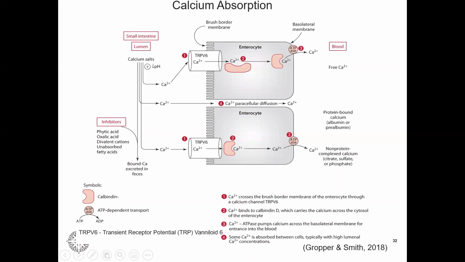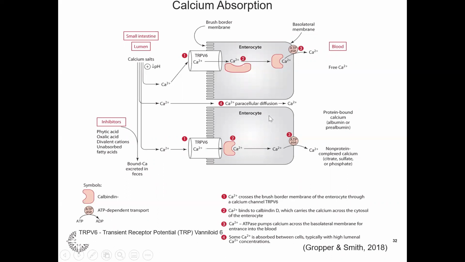Sorry. Now, there is another mechanism. When we are taking supplements and the body needs some more, calcium can simply diffuse in between the two cells. That is called paracellular diffusion. So these are the two mechanisms.